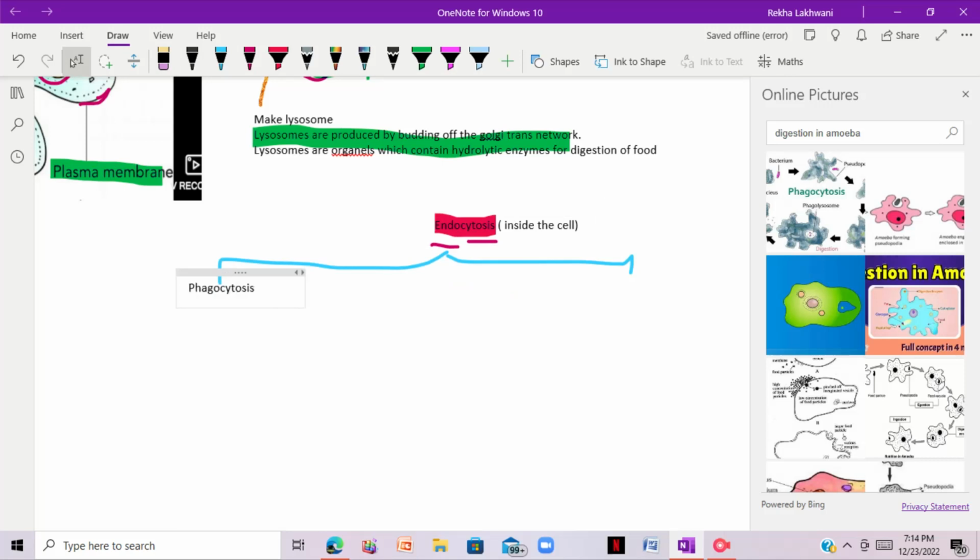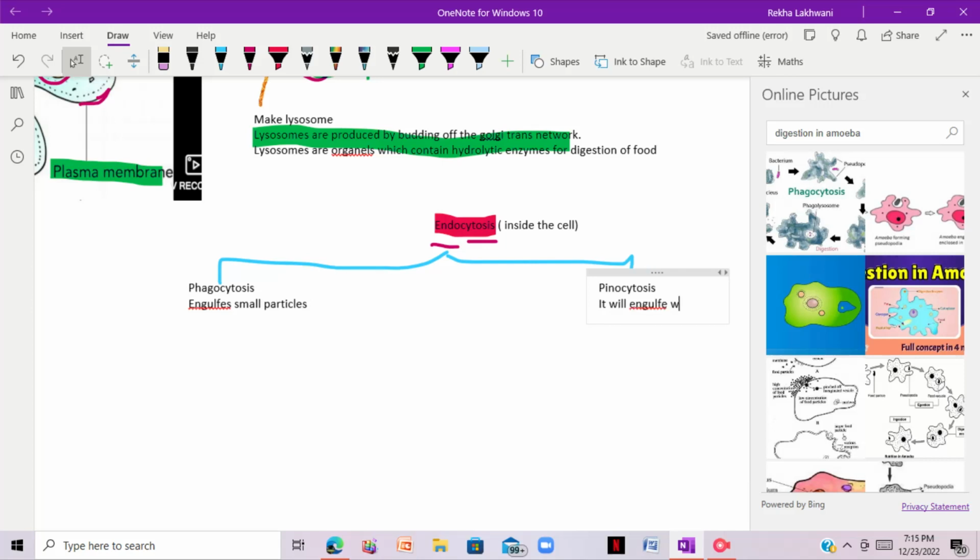As you can see over here, this is the nucleus, and when a food particle comes near the cell of amoeba, the pseudopodia fold themselves. You can see that the food particle is getting into the cell. Now it forms a food vacuole.